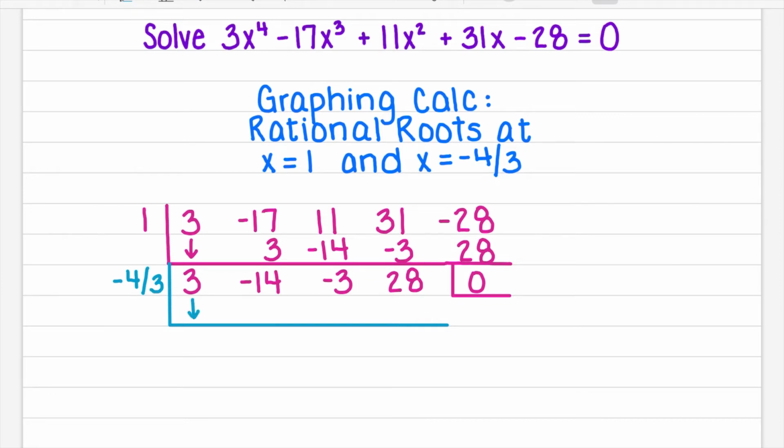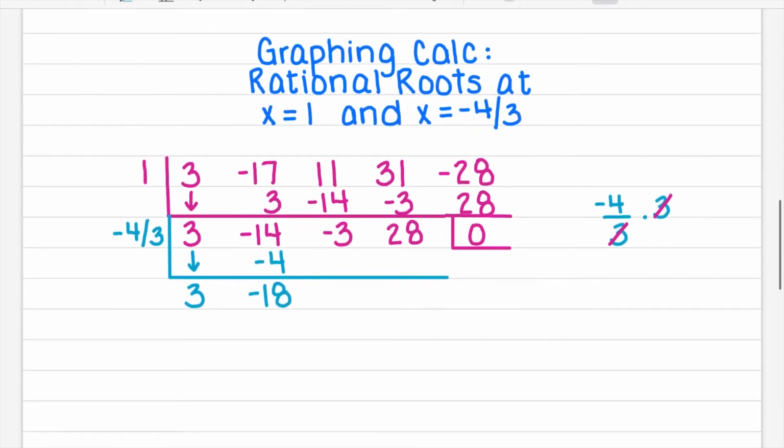Drop down the 3. Okay, now don't get nervous about multiplying these because if you think about it, 4/3 times 3, the 3's are just going to divide out, so you're left with -4. Oftentimes with these synthetic division problems, the multiplication by fractions is really not as bad as it may seem. So you add straight down, so you have -18.